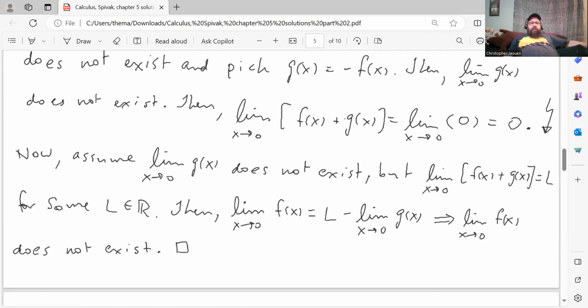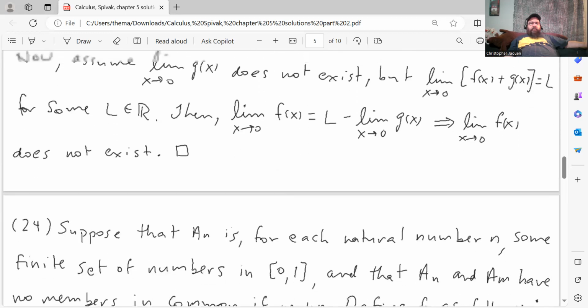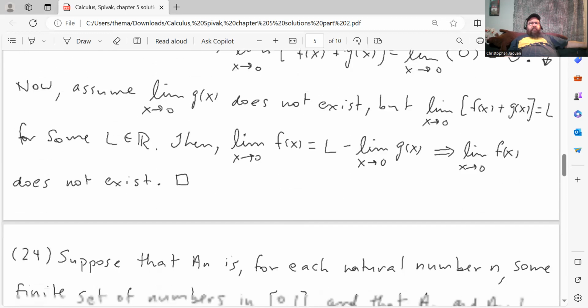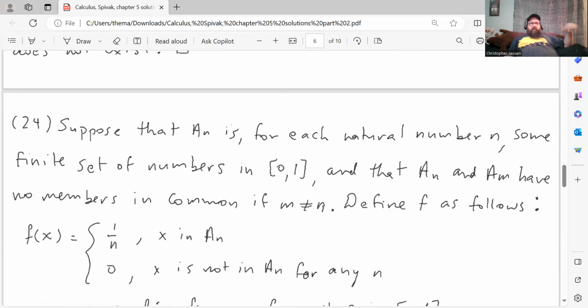So assume the limit of g of x as x goes to 0 does not exist, but that the limit of the sum exists, equal to some L. Then the limit of f of x as x goes to 0 equals L minus the limit as x goes to 0 of g of x, which implies that the limit of f of x as x goes to 0 doesn't exist because the limit of g of x doesn't exist. So that shows that the other direction holds. Like I said, that was using the contrapositive for the second part.